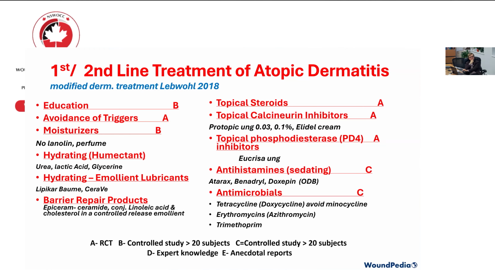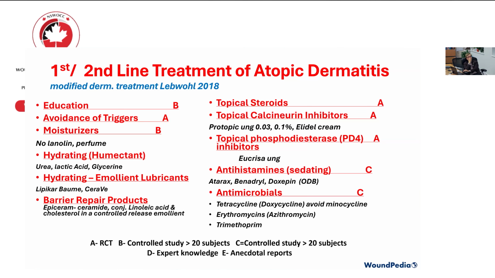The traditional antihistamines are more sedating and help itch at night. Atarax, Benadryl, Doxepin. Antimicrobials, Staph aureus is often there secondarily. Doxycycline is the preferred tetracycline. Azithromycin, the preferred erythromycin, or trimethoprim. And the studies are small. We don't have large studies like they do in cardiology.